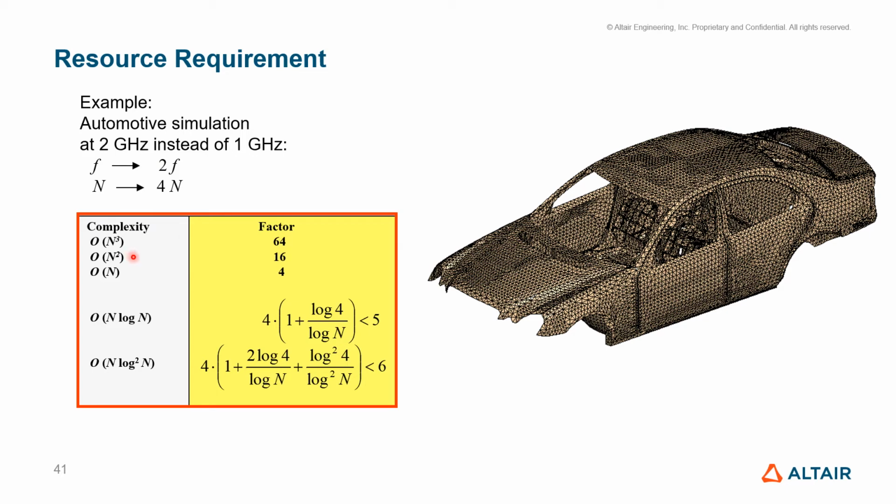And if it took 1 gigabyte to store at 1 gigahertz, it will take 16 gigabytes to store at 2 gigahertz. So that's not scalable, because once you increase from 2 gigahertz to 4 gigahertz, your number of hours will go from 64 to 64 multiplied by 64. And of course, if we make it 8 gigahertz, it'll be an even larger number. Same thing with the memory.